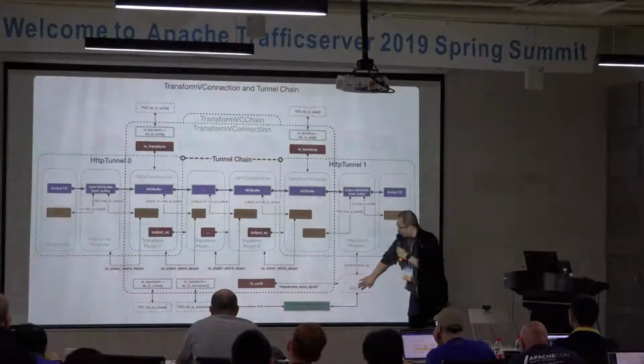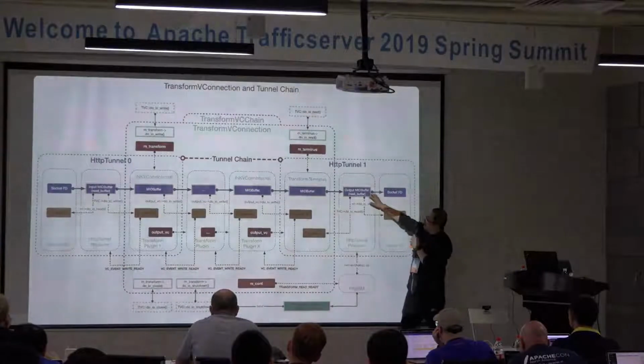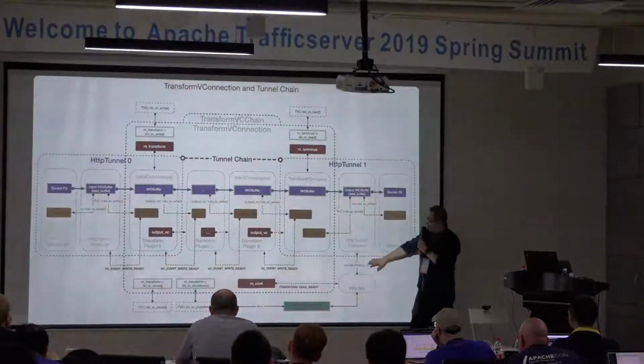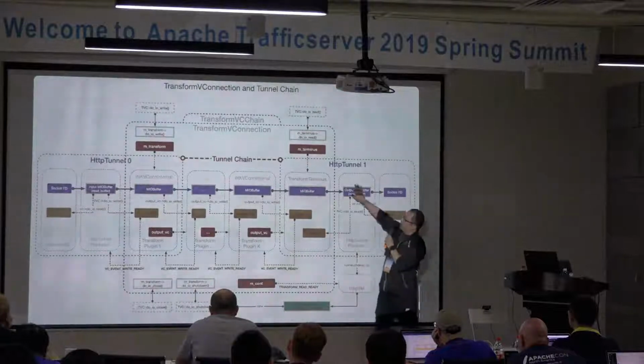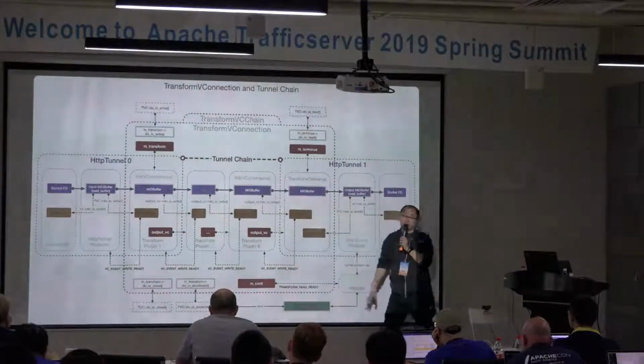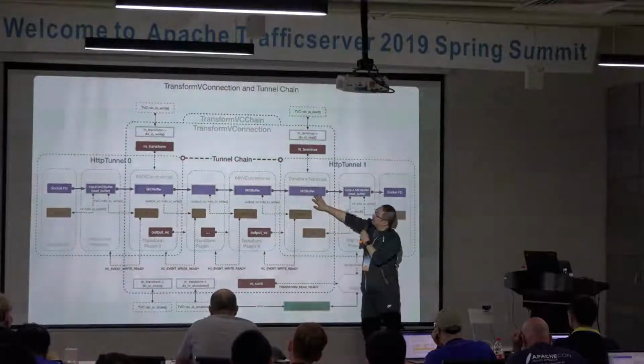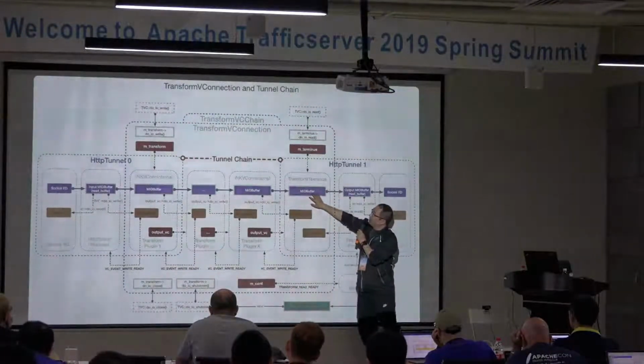HTTP SM will initialize and create HTTP tunnel 1, and change tunnel 1 over from tunnel 0, and receive the data from the transform terminal.